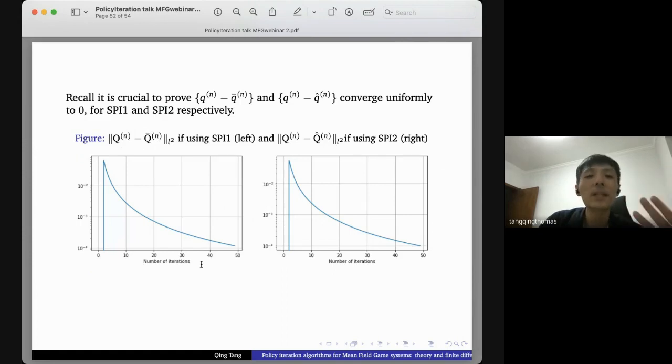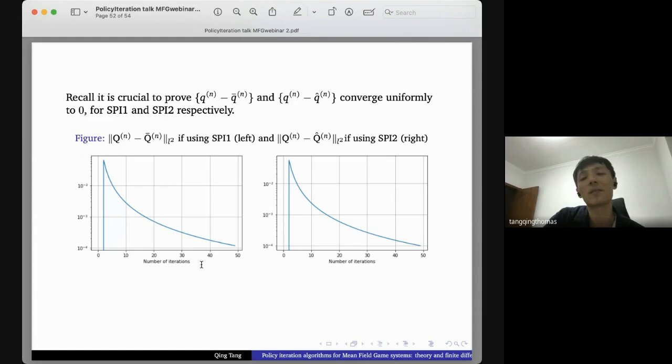Let me explain a bit here. As Matteo explained to me, it's sometimes a bit delicate to say that the algorithm is converging if I just show that Qn and Qn plus 1 are becoming close to each other, because if I'm doing smooth polarization, of course they are going close.